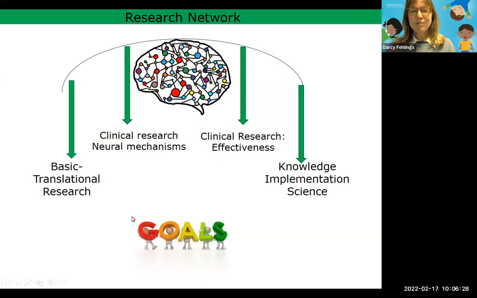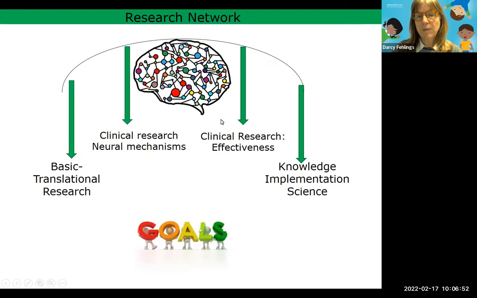So in terms of a neuroscience network, it really spans a variety of research activities. There can be the basic translational research, clinical research on neural mechanisms of action. There can be clinical research on effectiveness. There can be knowledge implementation science research.